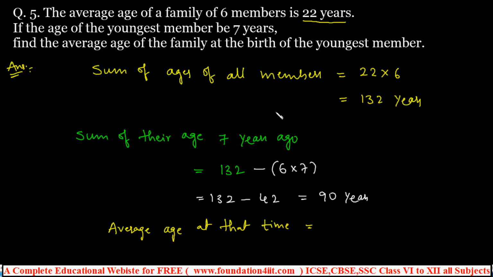So 90 by 5 only we should take. Okay, that's important, because at that time there were only 5 members. 90 divided by 5, 18. So 18 years is the average. So the average age of the family at the birth of the youngest member is 18 years.